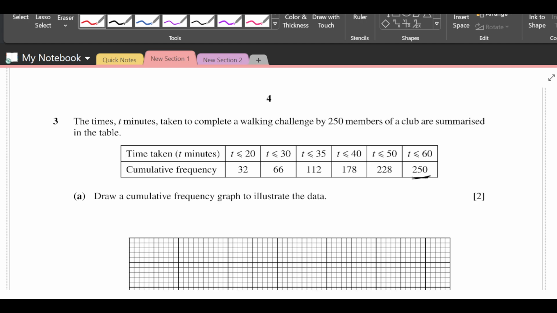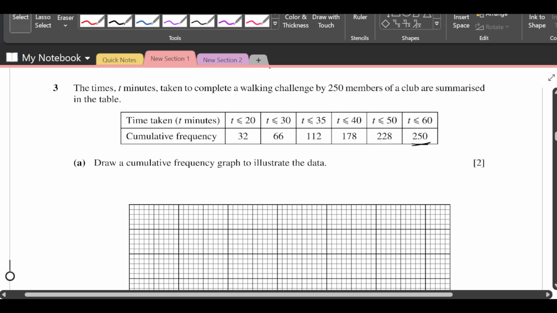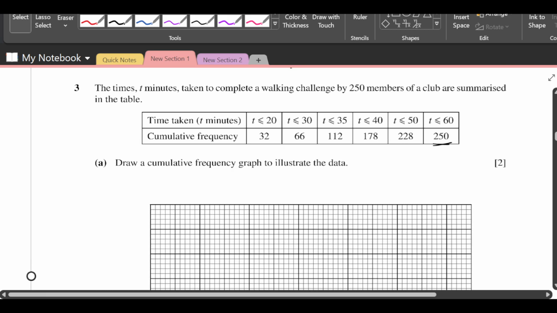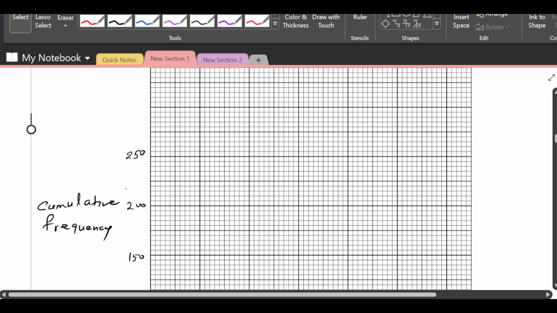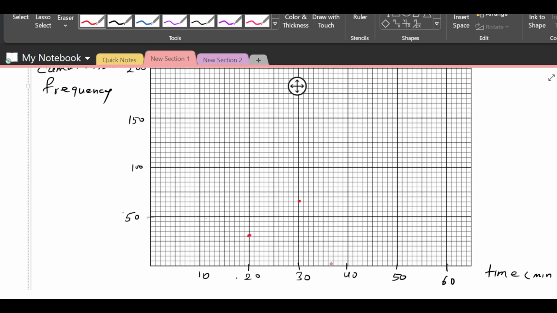So at 35, 112. This is 35, 100, 110, 112 is somewhere here. This is 112.